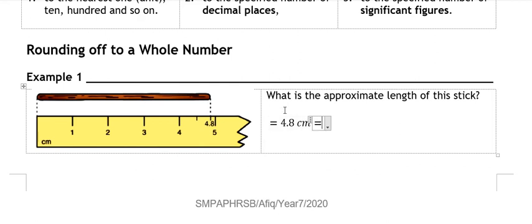So basically you have 5 centimeters, right? So 4.8 is approximately 5. Okay, I forgot to tell you, you have to use the symbol here. Make sure that you have this one. So that's the first one.